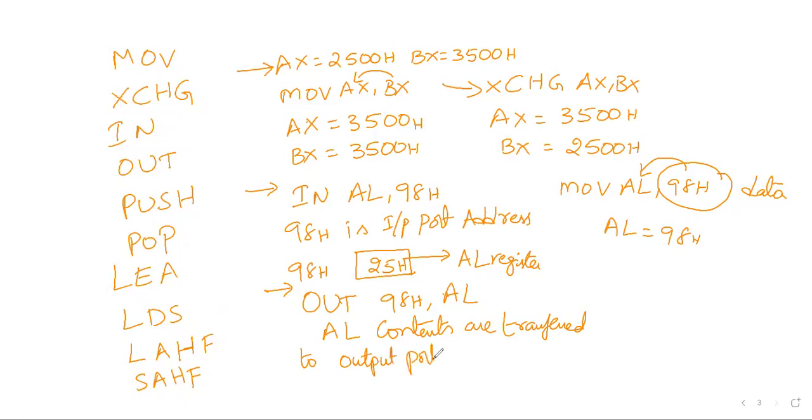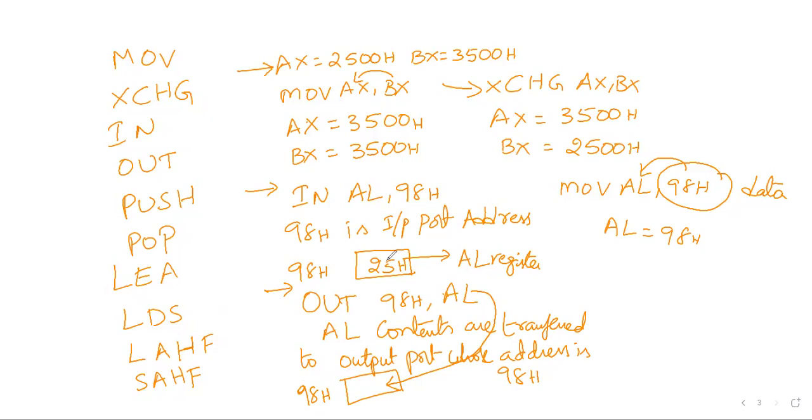whose address is 98 hexa. So 98 hexa acts as the address of the output port, and AL register contents are transferred to the output port.